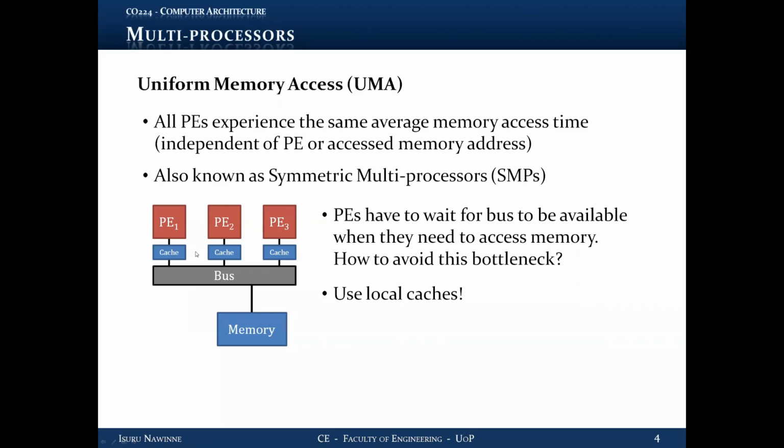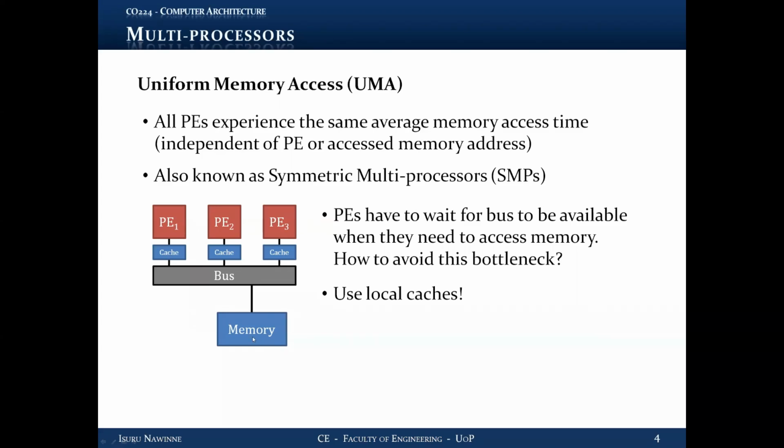So as we discussed when we learned about caches, the idea is based on the locality available in computer programs. We can serve most of the memory accesses at the cache itself, and only for a very small percentage of accesses, when you have a miss, when you don't have the data available in the cache, you have to go to the memory, right?